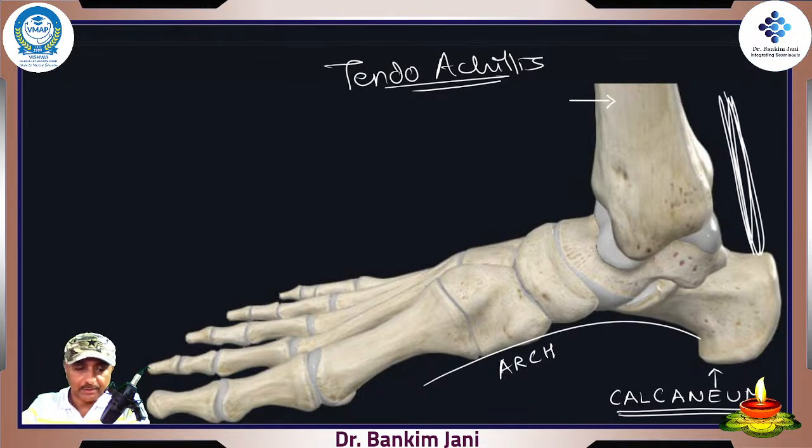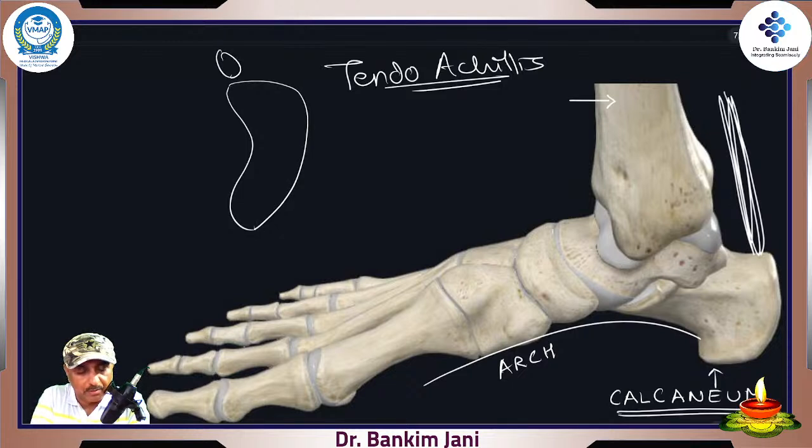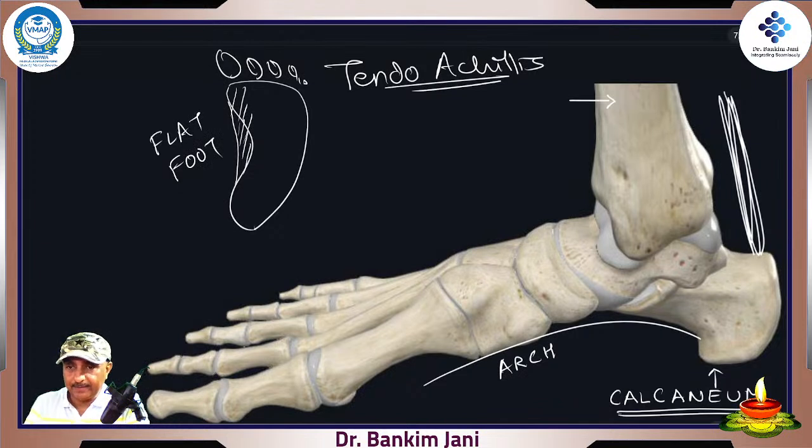Wet your feet and put your footprint on newspaper or any surface, and you should be able to see that it is giving this type of shape, and not this type of shape. If it is happening like this, then that person has got flat foot. So take extra care.